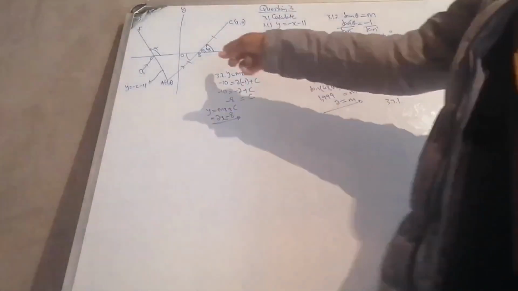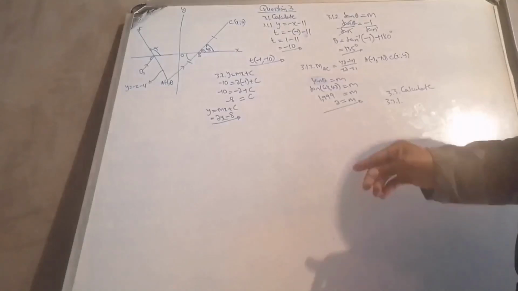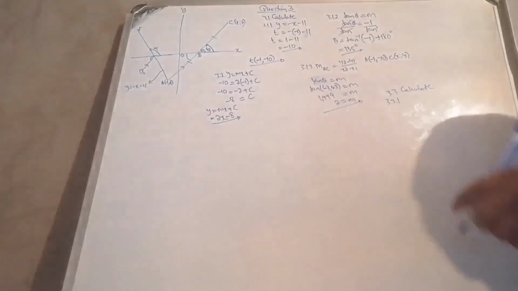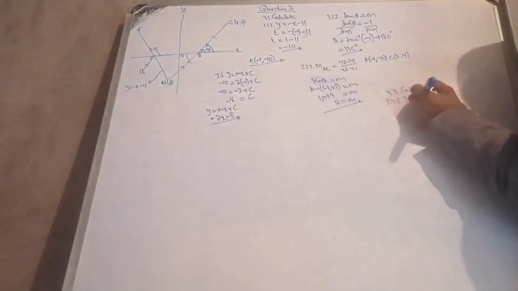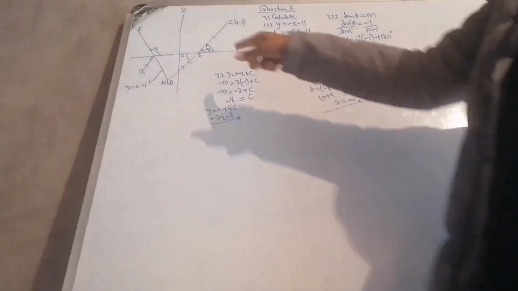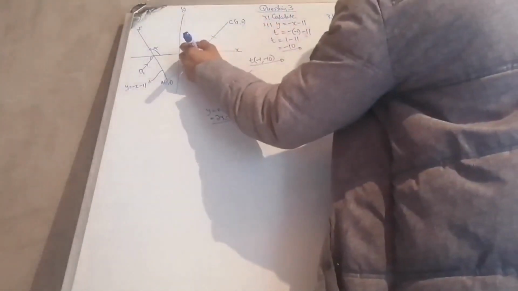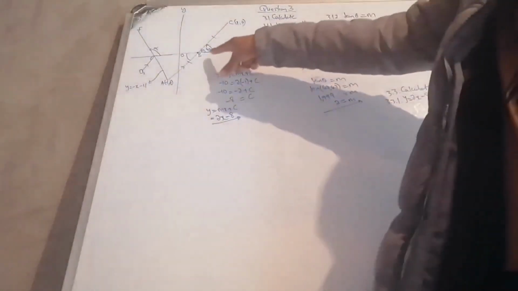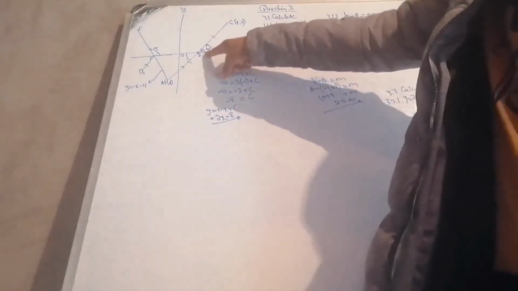I know that B is a midpoint, okay? And by just looking at the equation that I have just found, that says y equals 2x minus 8, I can see that this is an x-intercept. B, this midpoint of AC, is an x-intercept because the value of y there is 0.